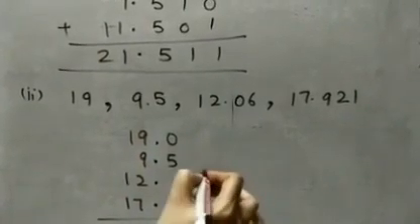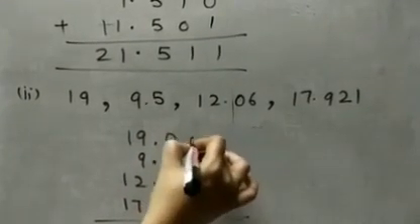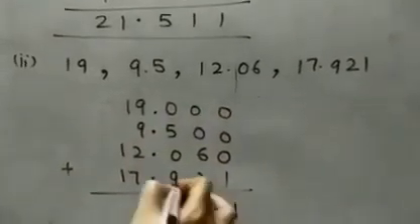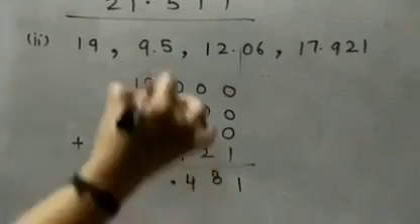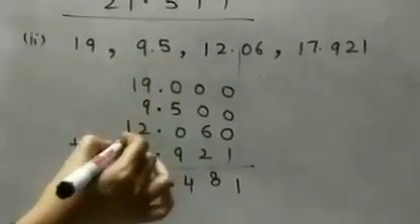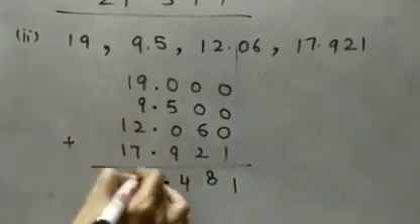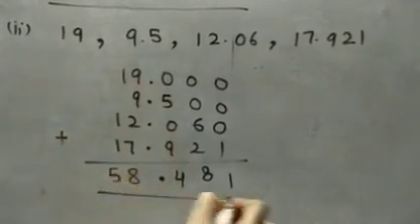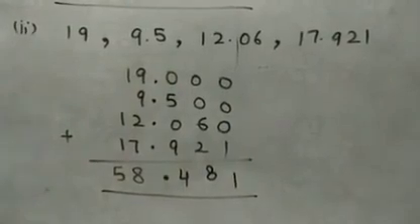And if you are not having digits, you can place 0 over there just to add the numbers. 1, 6, 2, 8, 9, 5, 14, 9, 9, 18, 2, 27 and 1, 28. And this is 1, 2, 3 and carry over to get 58.481.